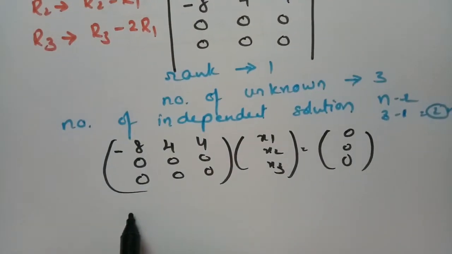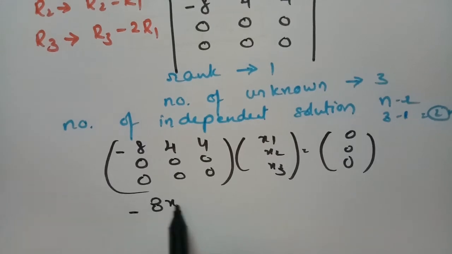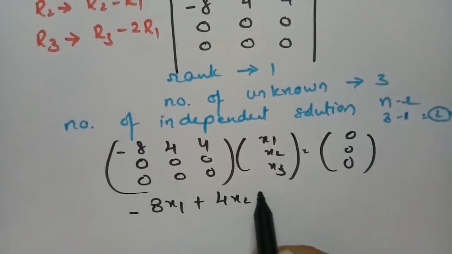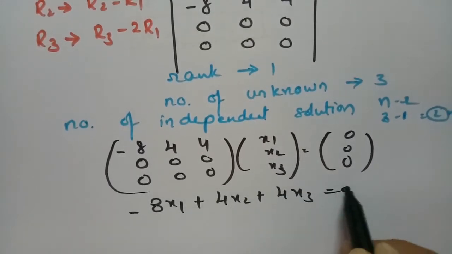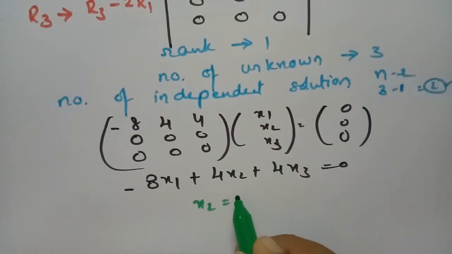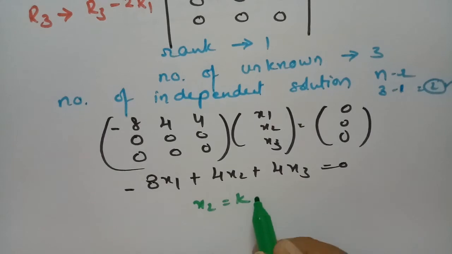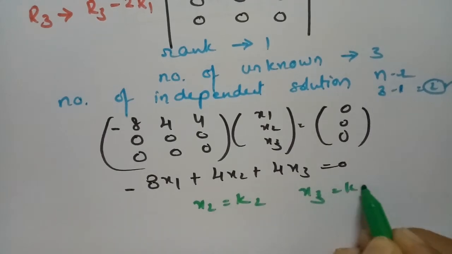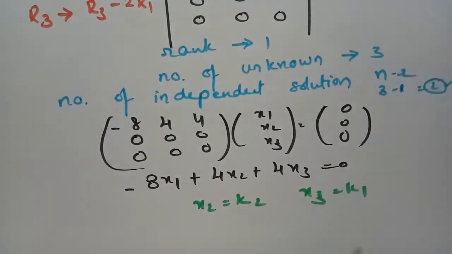Now this is minus 8x1 plus 4x2 plus 4x3 is equal to 0. So two solutions we can take by our own, that is x2 is equal to k2 and x3 is equal to k1. So two solutions we can choose.